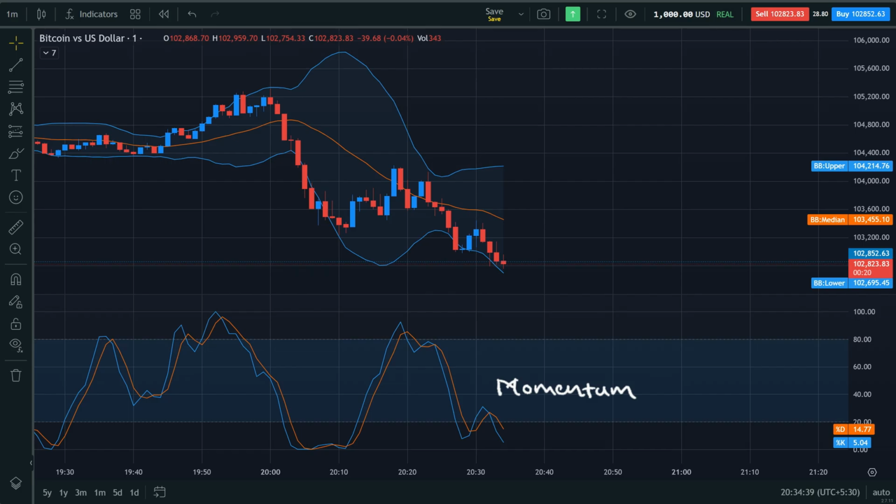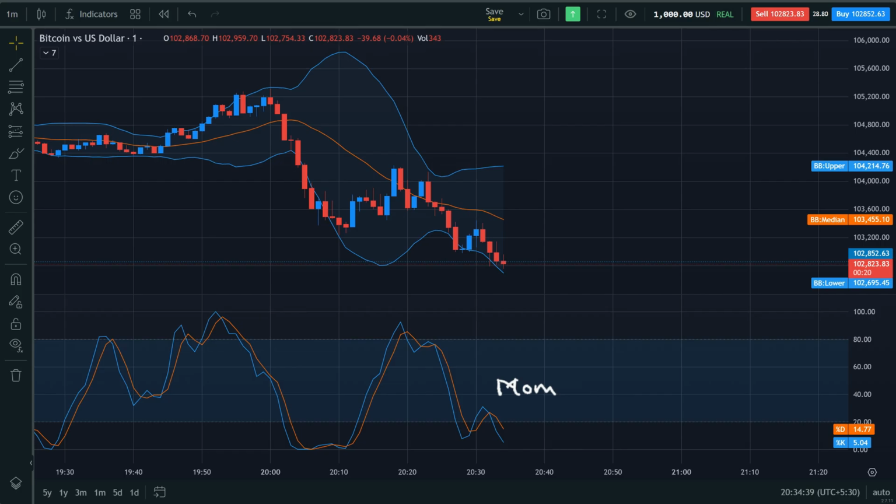When the Stochastic RSI approaches the top of its range, it suggests the market might be overbought, indicating a possible reversal or a slowdown in bullish momentum. Conversely, when it's near the bottom, it hints that the market might be oversold, signaling a potential bounce or a slowdown in bearish pressure. These signals are vital for pinpointing ideal entry and exit points in a trade.